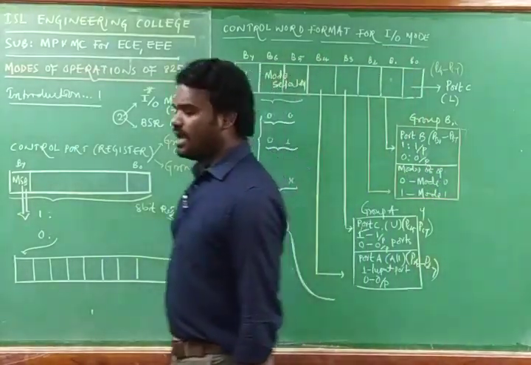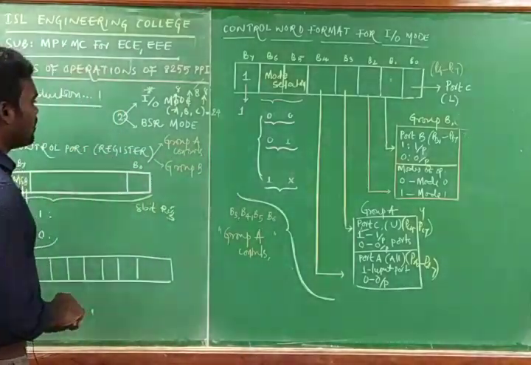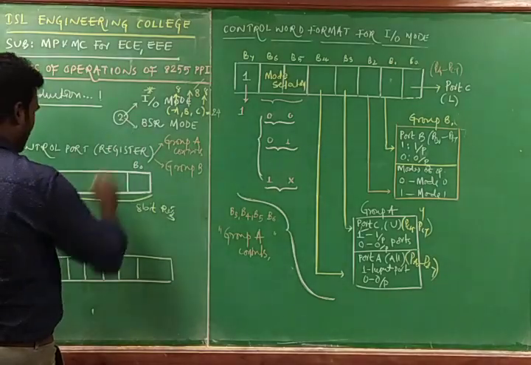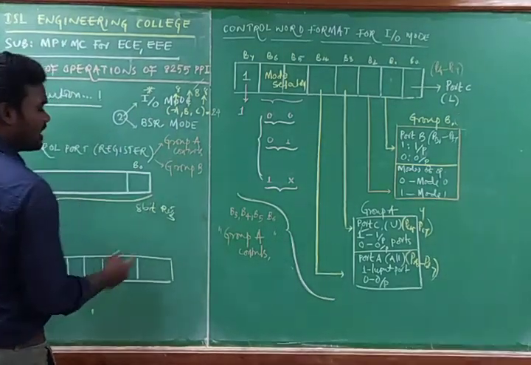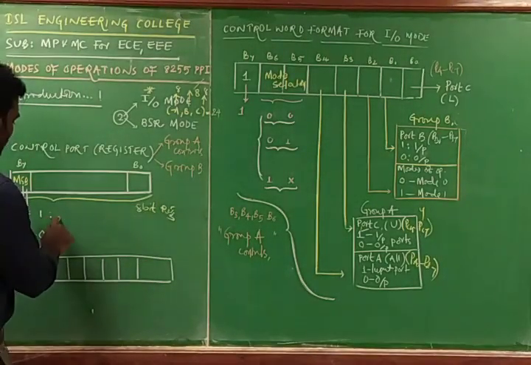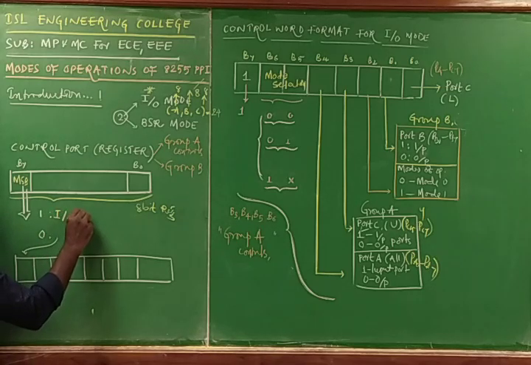This IO mode of operation is further classified into 3 more modes of operation. Again, this is whenever the MSB bit is 1. Whenever the MSB bit is 1, it can operate in IO mode of operation.